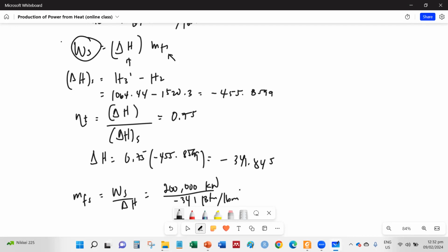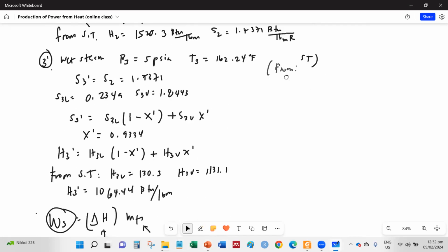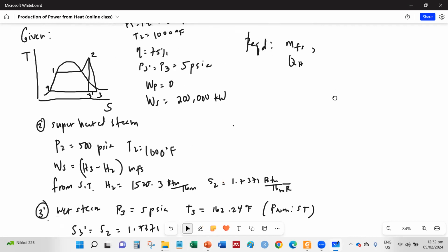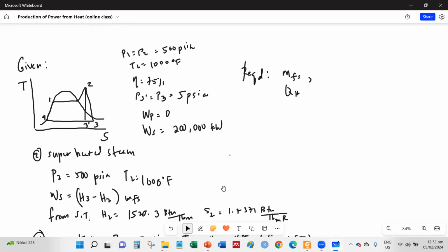So we need to convert the values. By the way, this one should be negative because it's work done by the system.